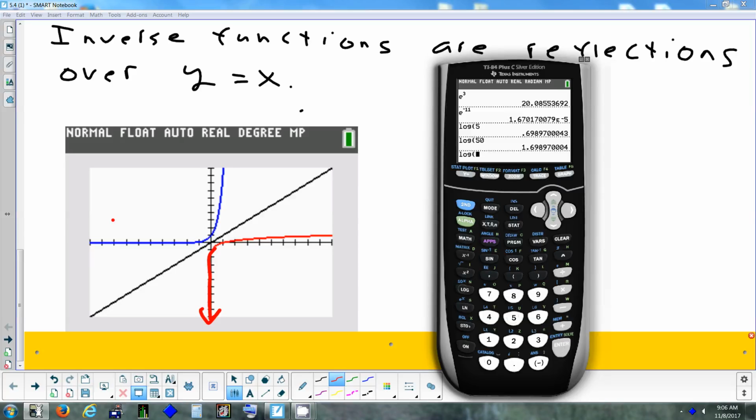And even if you go to log of 1,000, going all the way out to 1,000 on the x-axis, you're only at 3 on the y-axis. So this goes up extremely slowly. Any questions on the general idea of the relationship between an exponential and a log?